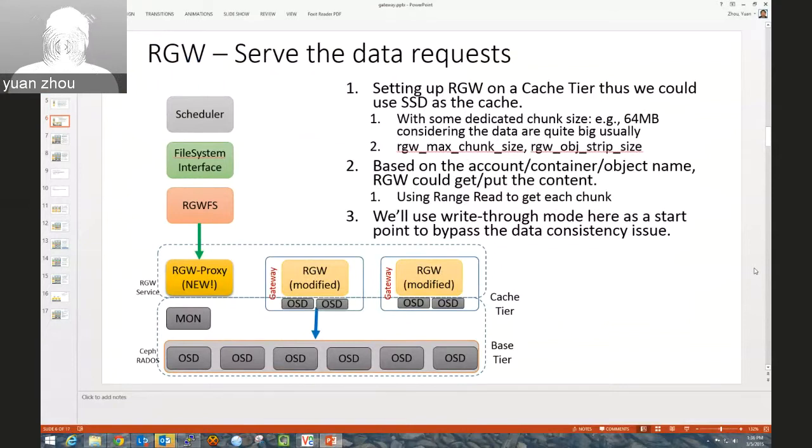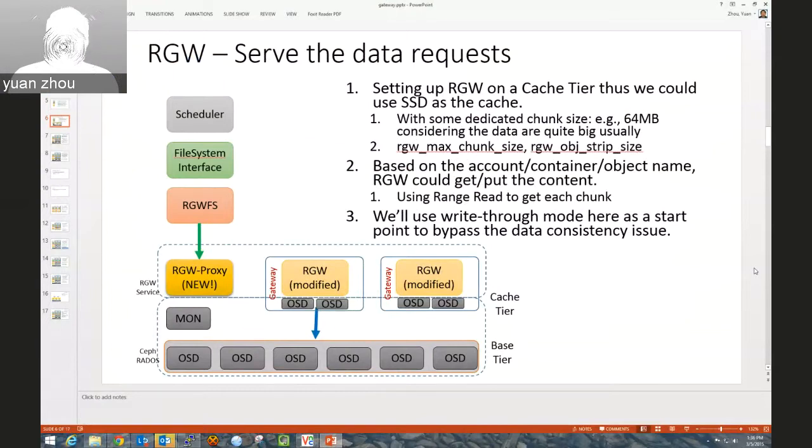The first step is we need to configure the RGW instances using a dedicated chunk size, with RGW max chunk size and RGW object strip size.